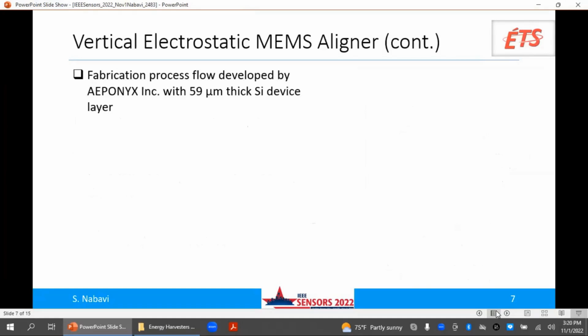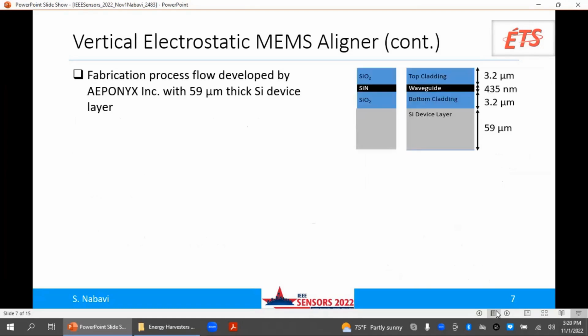In order to fabricate this device, we use a fabrication process flow which was developed by our industry partner, a startup based in Montreal. Here the device layer is 59 micrometers of silicon, relatively thick.